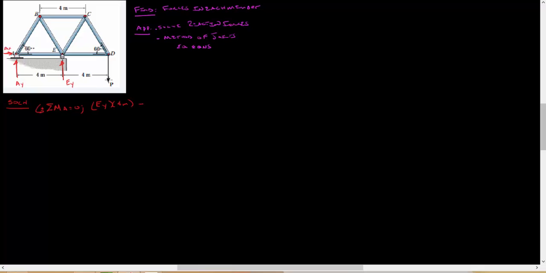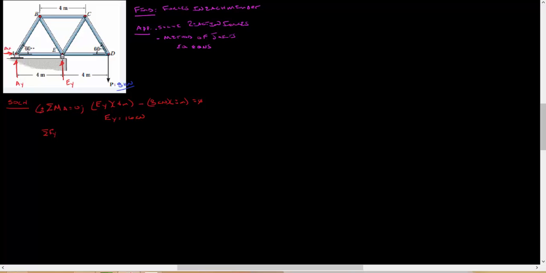Minus, now if I was to say that P, I guess I have to give us a force there. Yeah, we'll call that 8 kilonewtons. So we know this is 8 meters away, and it is 8 kilonewtons. So 8 kilonewtons times 8 meters is all equal to 0. So I can say that EY is going to equal 16 kilonewtons.